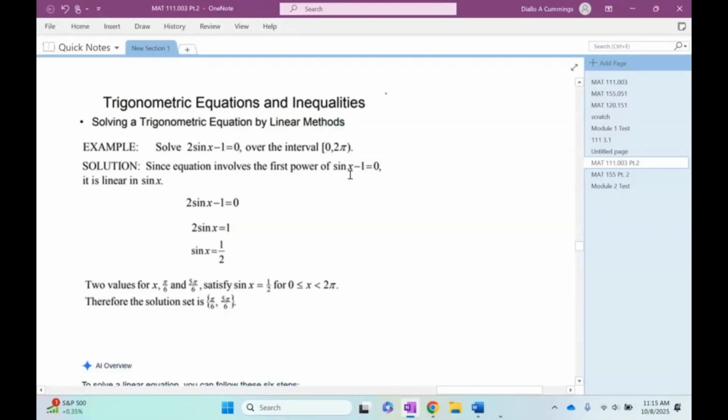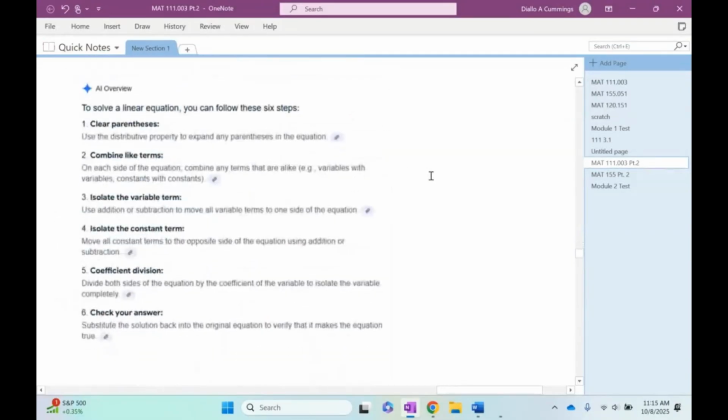And a linear method is the steps we use to just solve a linear equation. And here are those 6 steps. The first step says clear any parentheses that you may have, combine like terms on both sides of your equation.